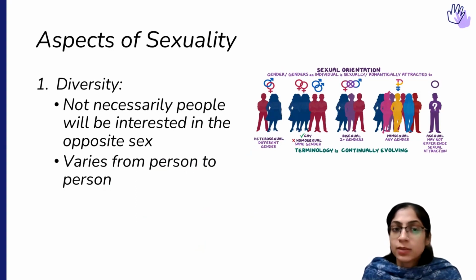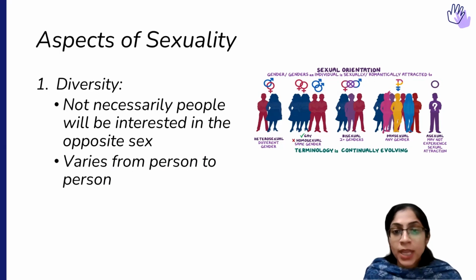So when I say diversity, that means that you may not be interested as a man in a woman only, or as a woman in a man only. You may be, what we use the term gay, you may be asexual, you may be bisexual. Let us understand these terms.